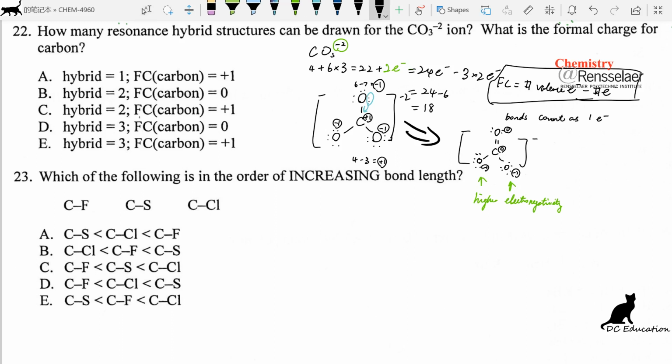And if we just re-go through this particular process, we can find there are actually three structures that can be drawn with this idea.